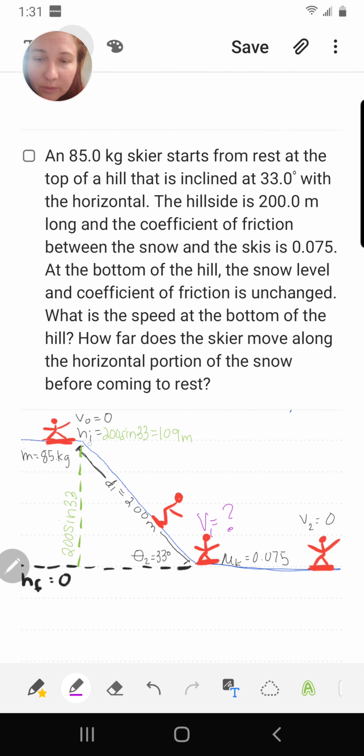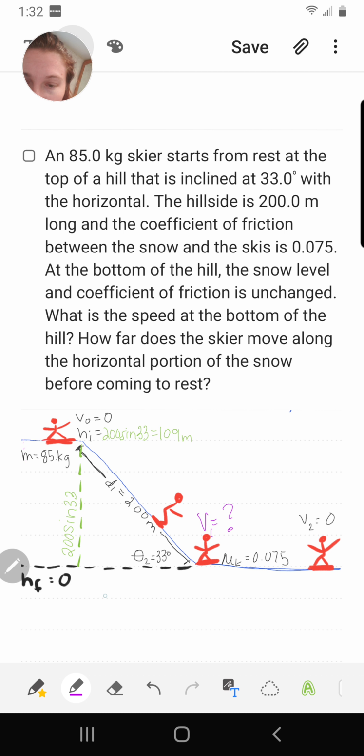Well, we don't know the initial height. So in order to figure that out, we had to take the hypotenuse and multiply it by the sine of the angle, which is 33 degrees. So our initial height came out to be about 109 meters high.